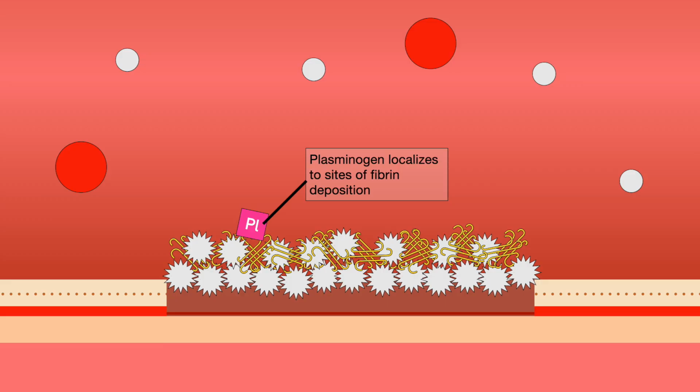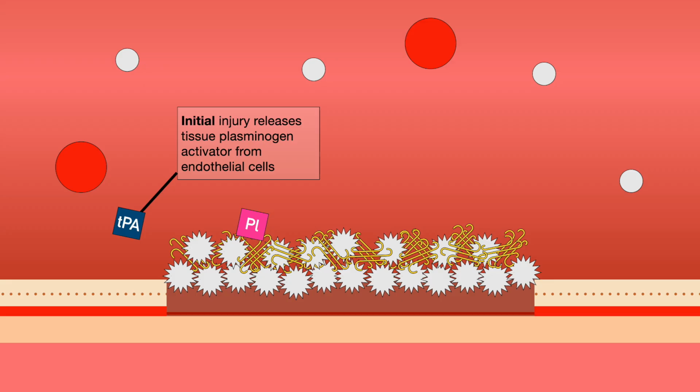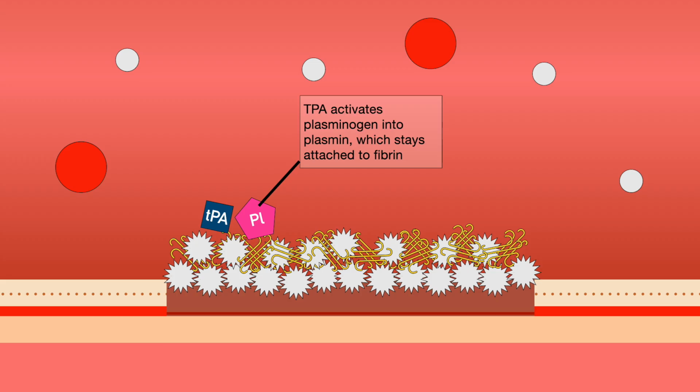Plasminogen initially localizes to the sites of fibrin deposition. Here, tissue plasminogen activator, released by the damaged endothelial cells after the initial injury, will convert plasminogen into plasmin. The plasmin stays attached to the fibrin of the initial blood clot.